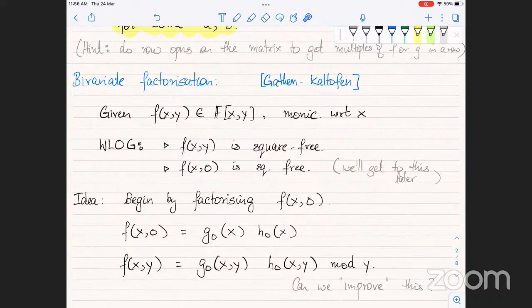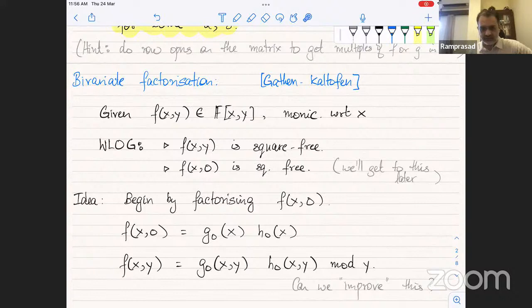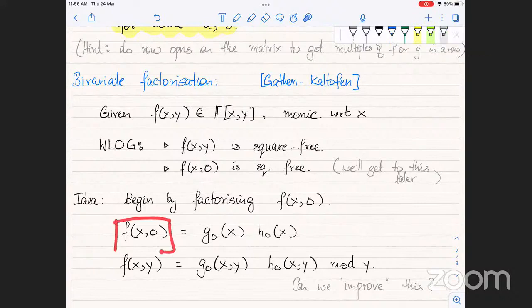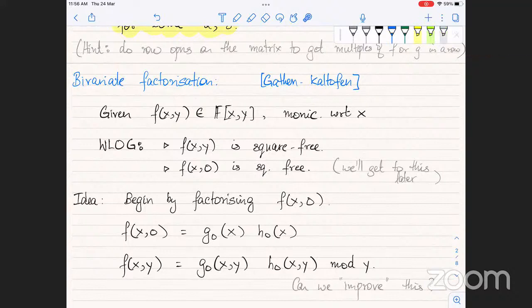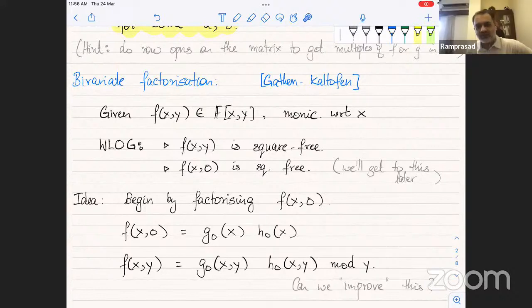So, for x comma 0, you will use the monicness. Like, for example, I know for a fact that the leading term has not suddenly become 0, because it was independent of y, and that continues to stay alive. Yes. So it will help us deal with a bunch of these corner cases. But monicness will also play a crucial role very shortly.